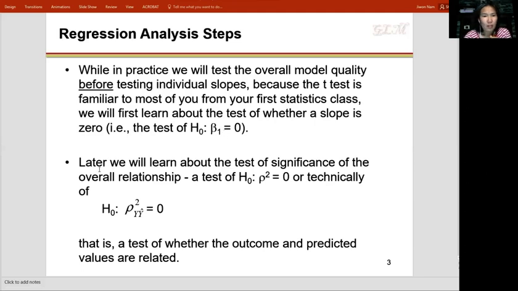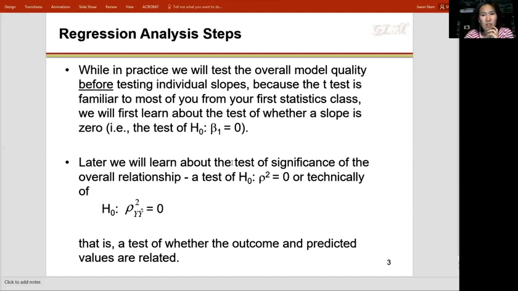Later, we will learn about the test of significance of the overall relationship. So what is the overall relationship? Do you remember the regression line? The regression line is one best fitting line, one best regression estimation, right?